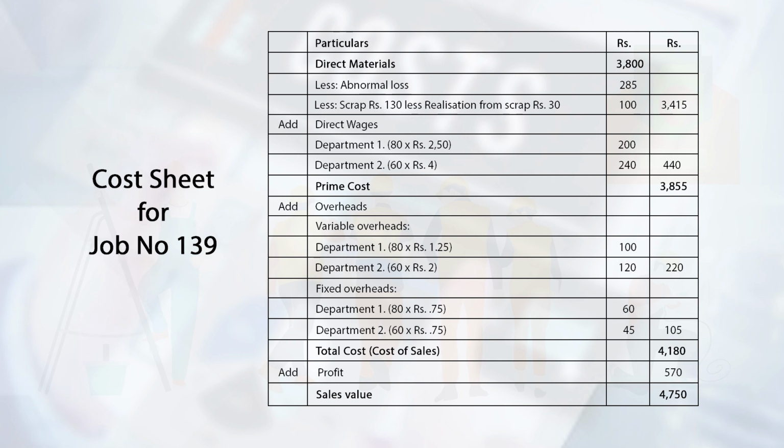The total cost, or cost of sales, comes to rupees 4,180, and the sales value given in the example is 4,750. Therefore, the profit amount is the balancing figure, rupees 570.